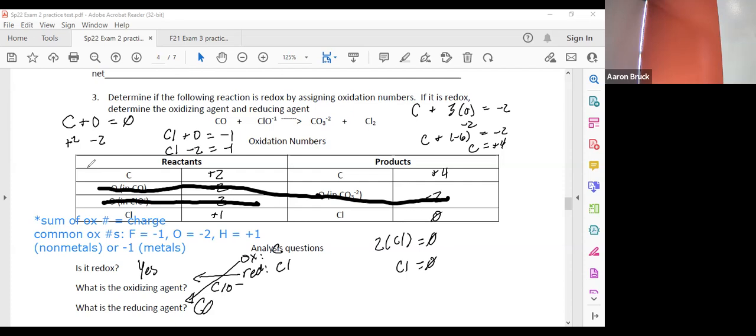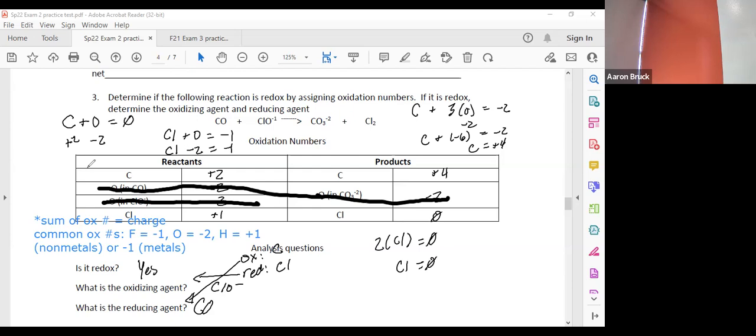Yeah, because we have to understand what it means to be an agent. An agent in this case indicates we have a reactant that is forcing some kind of action. So the oxidizing agent is forcing oxidation, which means it itself isn't being oxidized, it's forcing something else to become oxidized.